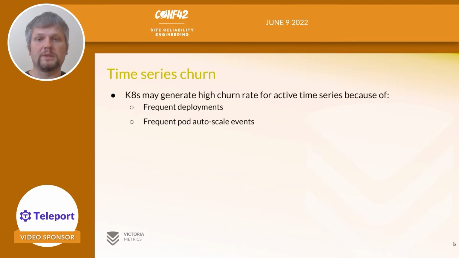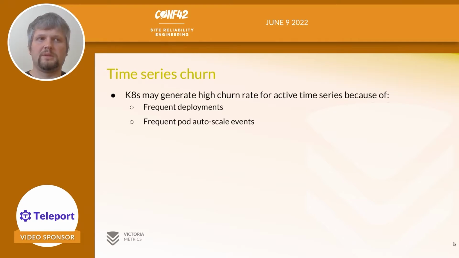The first thing is frequent deployments. When you create a new deployment, a new set of metrics for the deployment is generated, because every such metric usually contains a pod label, and this pod name is usually generated automatically by Kubernetes.